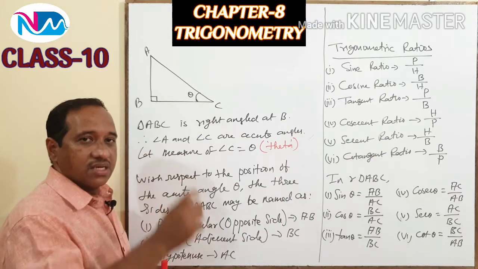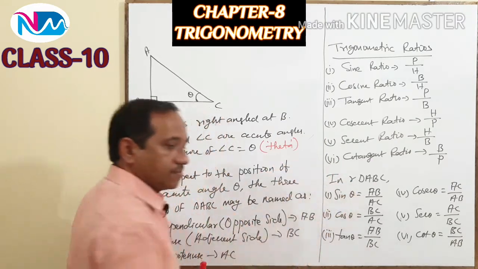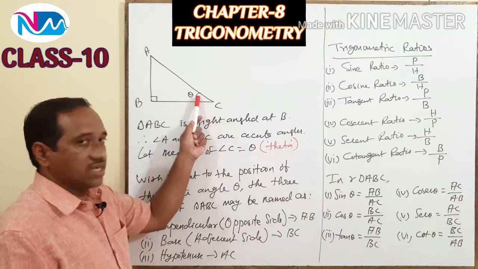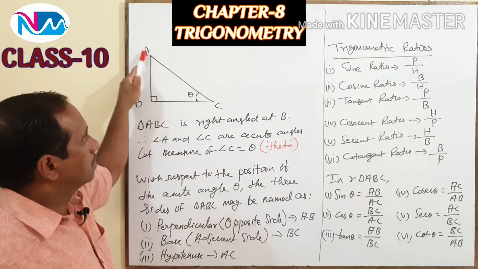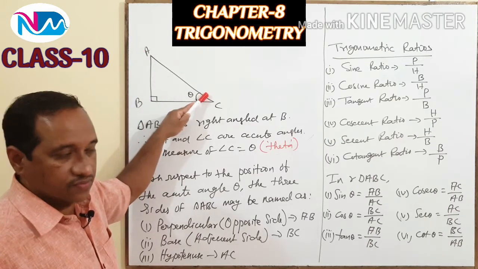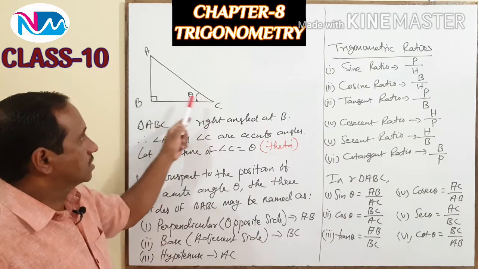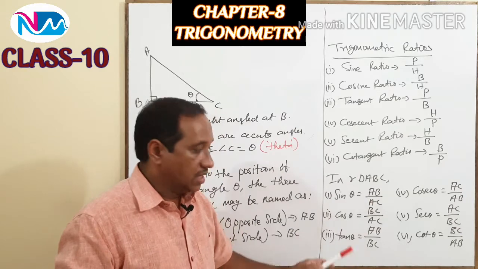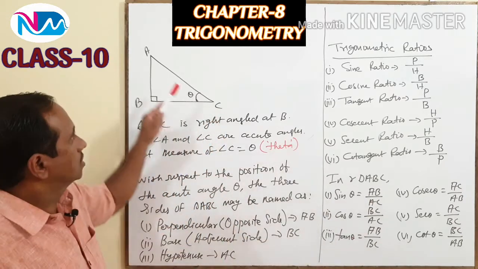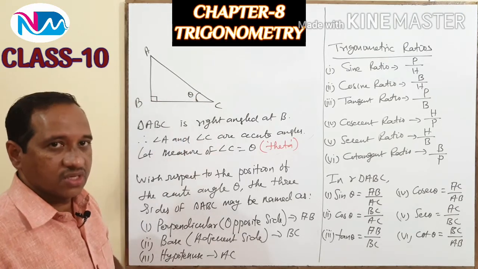Sine theta means the sine ratio with respect to the acute angle theta. Sin theta is equal to AB, which is the perpendicular, by AC hypotenuse. Cos theta is equal to base BC by hypotenuse AC. Tan theta is equal to perpendicular AB by base BC.